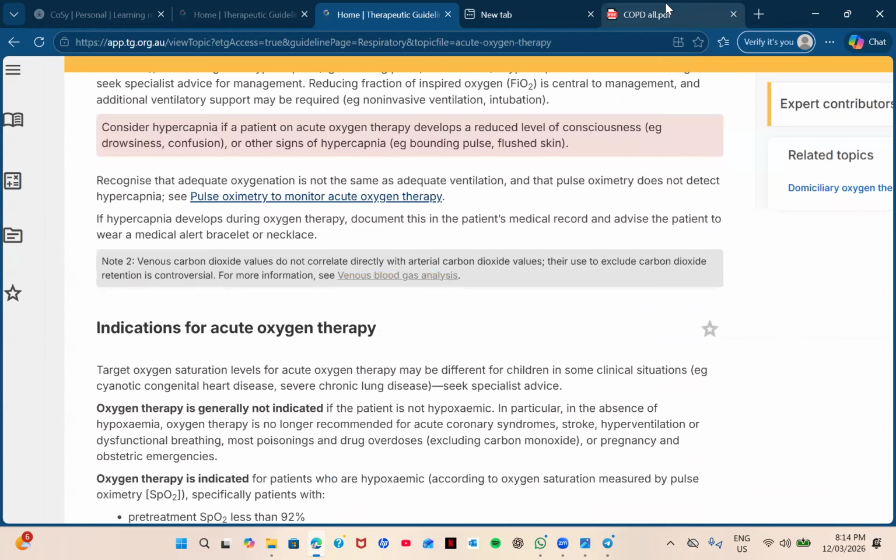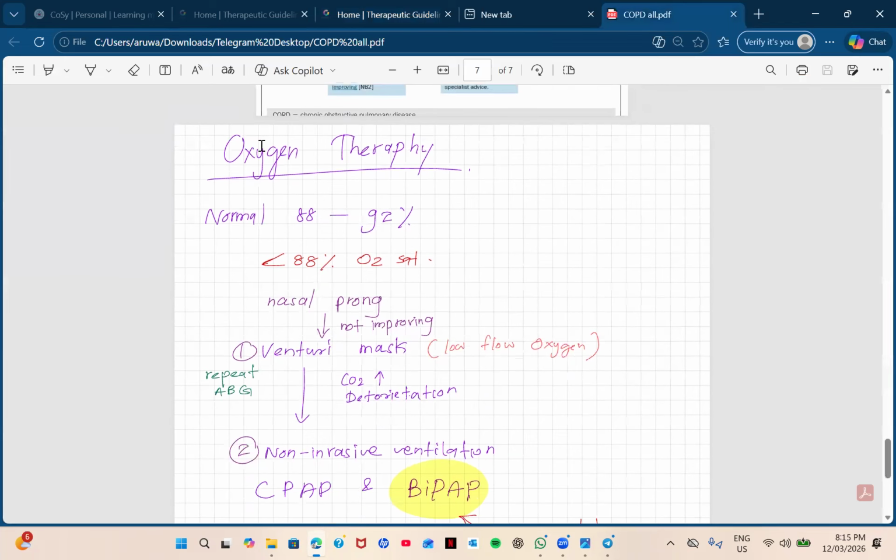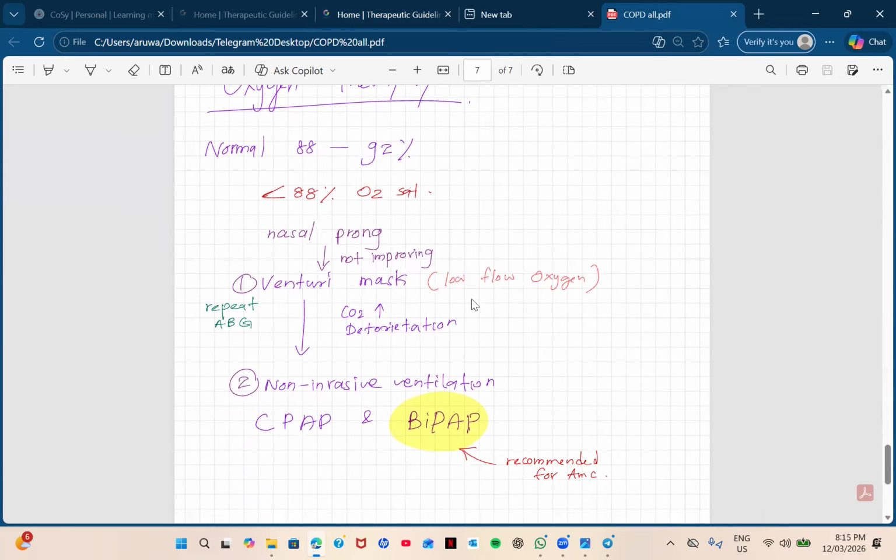This is something I made from the AMC. Usually we can start from nasal prongs. If it's not working, we can use a Venturi mask, because Venturi is a low flow oxygenation. If the patient is deteriorating, CO2 is increasing, then you can use CPAP or BiPAP, right?